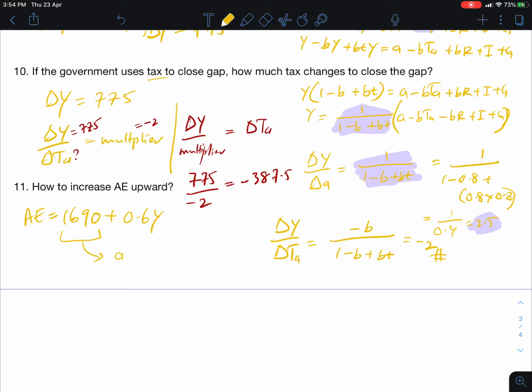Actually A, I, G, dan dalam tu ada juga maklumat tentang TA dan lain-lain lagi.